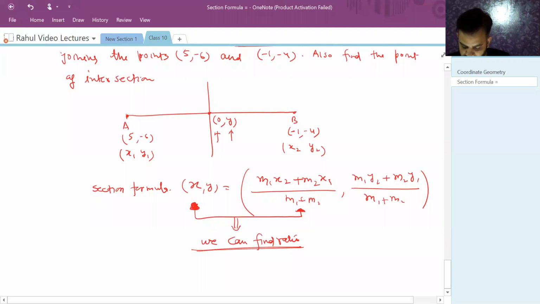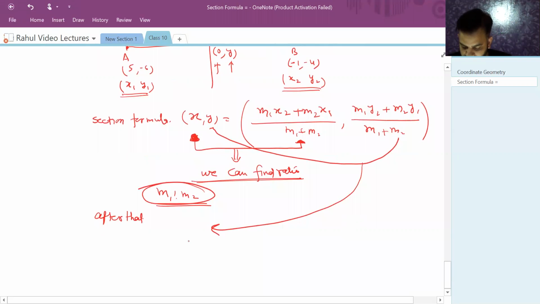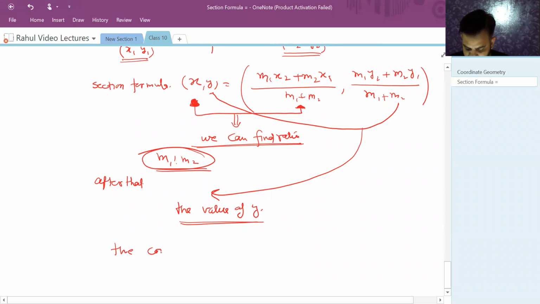So when you got m1 ratio m2 and you know x1 y1 and x2 y2, then after getting this one, you can easily use this formula to find out the value of y. And after getting the value of y, the coordinate will be 0 we know and y.